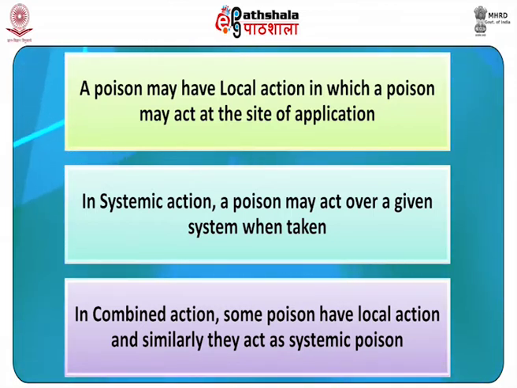For example, ingestion of aconite causes cardiac toxicity and death. In combined action, some poisons have local action and similarly act as a systemic poison. For example, carbolic acid when applied to the skin acts locally as a corrosive, and when ingested acts as a systemic poison.